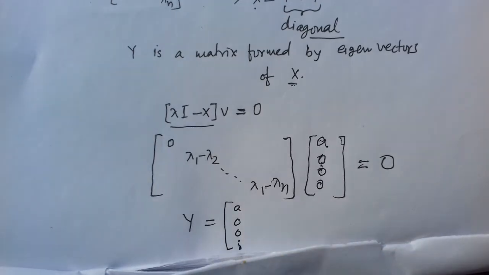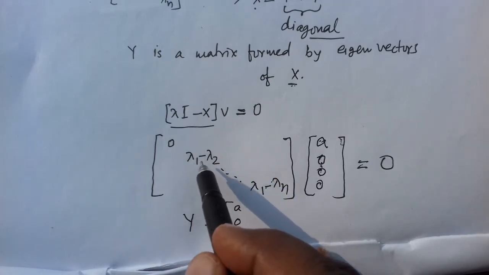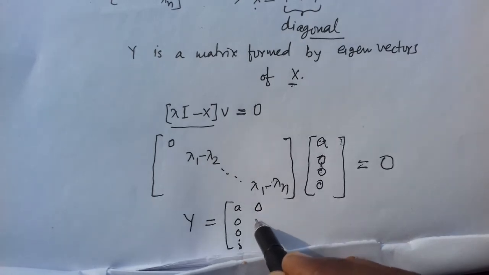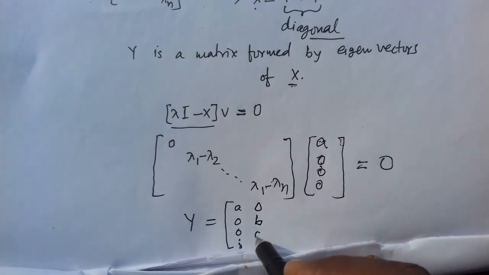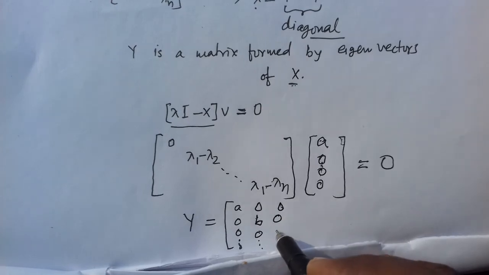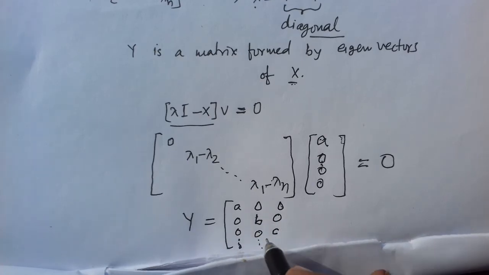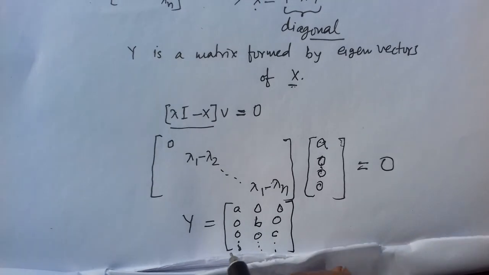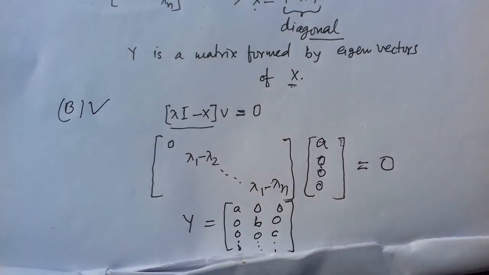In the same way, if you take lambda equals lambda 2, then the second column will have another real number b with 0 elsewhere, and in the same way for lambda 3, you write another real number different from a and b, and so on. So you see that Y is a diagonal matrix. So option B is also a correct option.